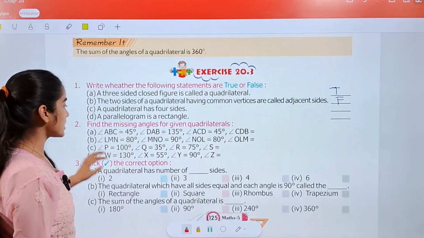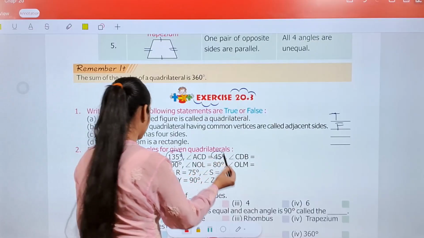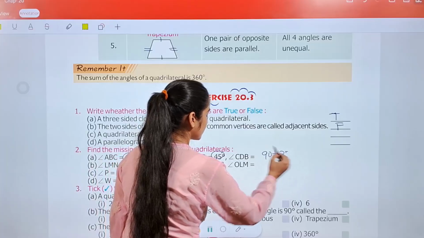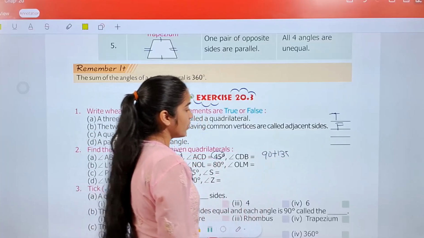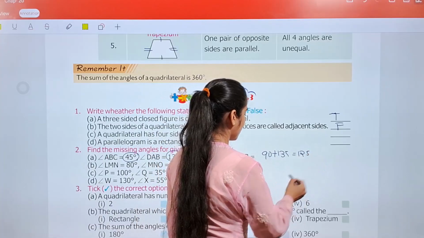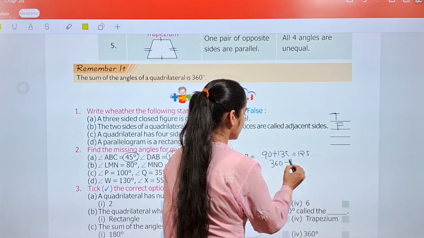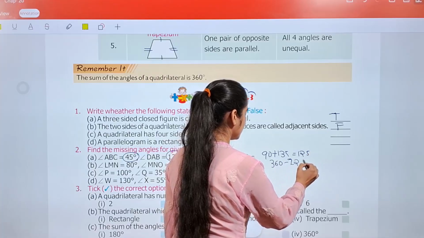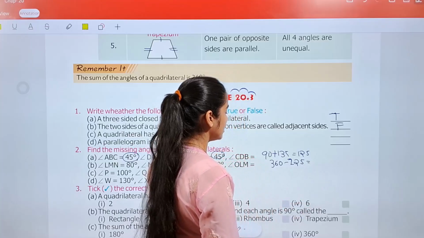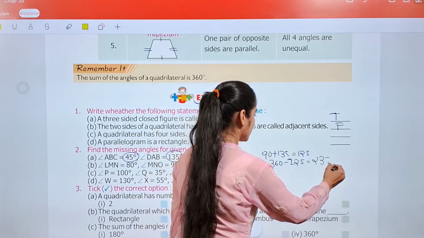Next, find the missing angle. So one is 45, 135, 45, 45, 45, 90 plus 135. तो आपका आंसर हो जाएगा 125. Now you have to minus 125 from 360 degrees. So 235 is your answer.